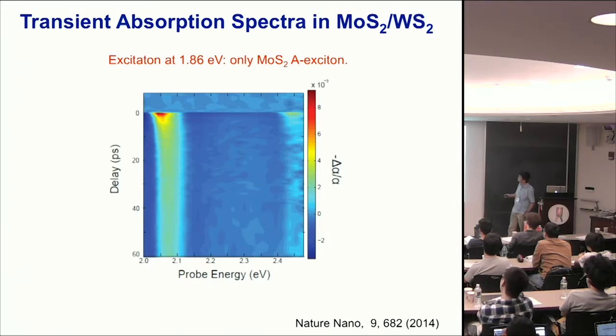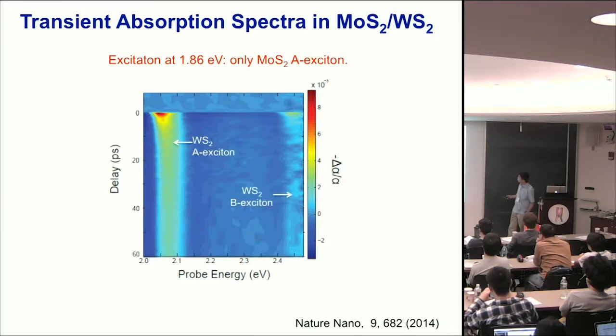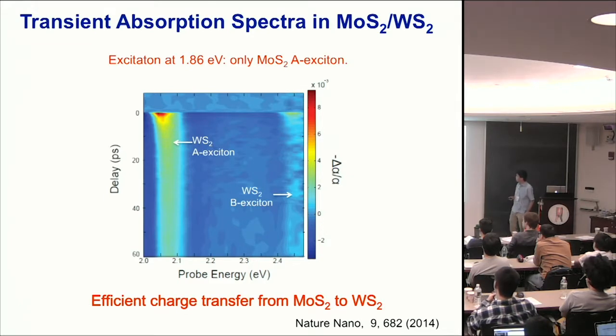So this is where the pump happens. We pump only at the MoS2 exciton, and then we see a very strong feature appear almost immediately at these two energies. They correspond to the WS2 A exciton and B exciton resonances. What this tells us is that the charge transfer happens very, very fast, almost immediately.